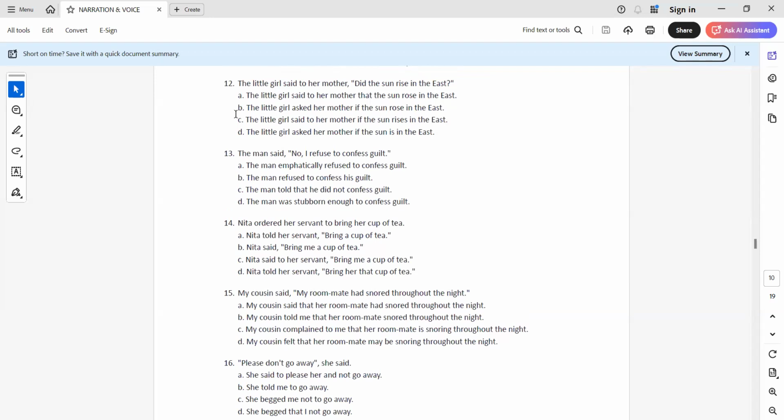The little girl asked her mother if the sun rose in the east. Option B. Yes, correct.